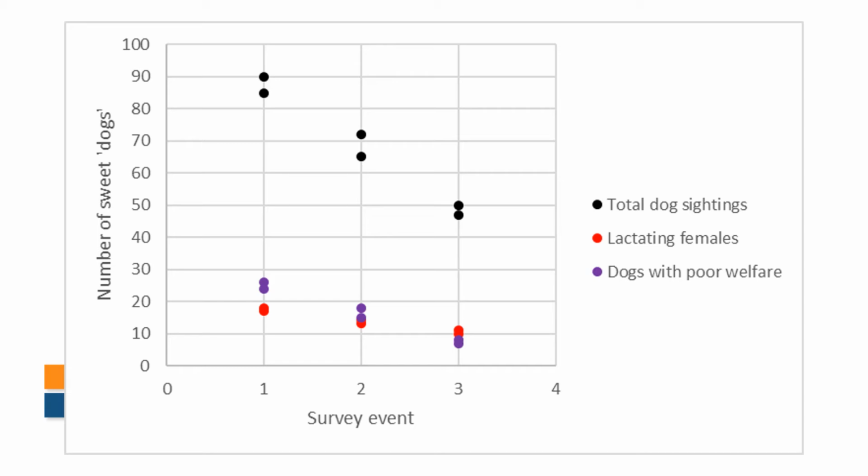And then between survey event 2 and 3, we again simulated a year's worth of intervention by removing 3 sweets per delegate, and again we got a reduction in the total number of dogs seen on the route and a reduction in lactating females and dogs with poor welfare. So obviously this is example data, pretend data created through the Sweetie game. But we also have some real data to show.